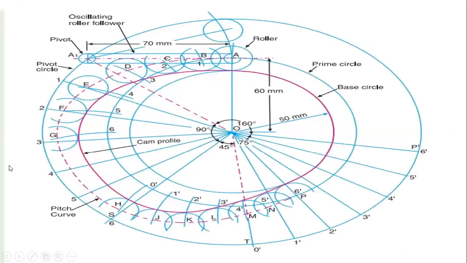In the cam profile, we have to take the roller, but we have to take the point of the pivot at 70 mm. So the distance covered here is 60 mm in total. We have taken the prime circle.